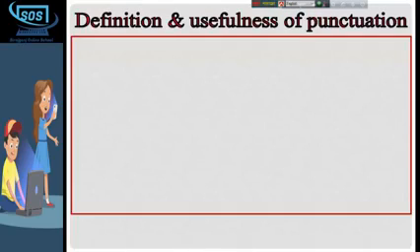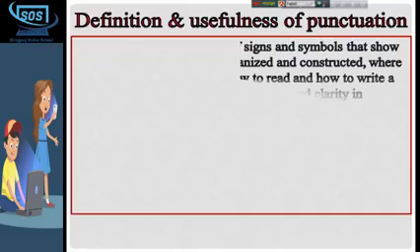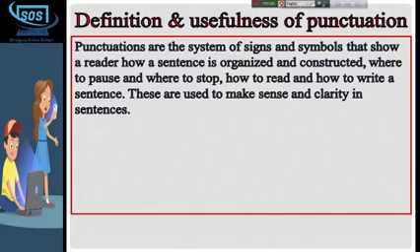Students, we have to know the definition and usefulness of punctuation. What is punctuation? What is the usefulness of punctuation? You need to know it. If you do not know the usefulness of punctuation, you will not be able to build up a sentence correctly.